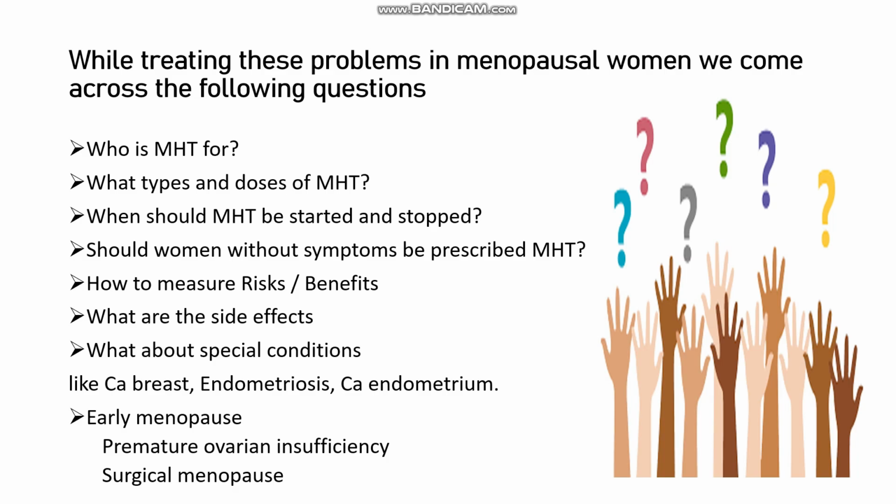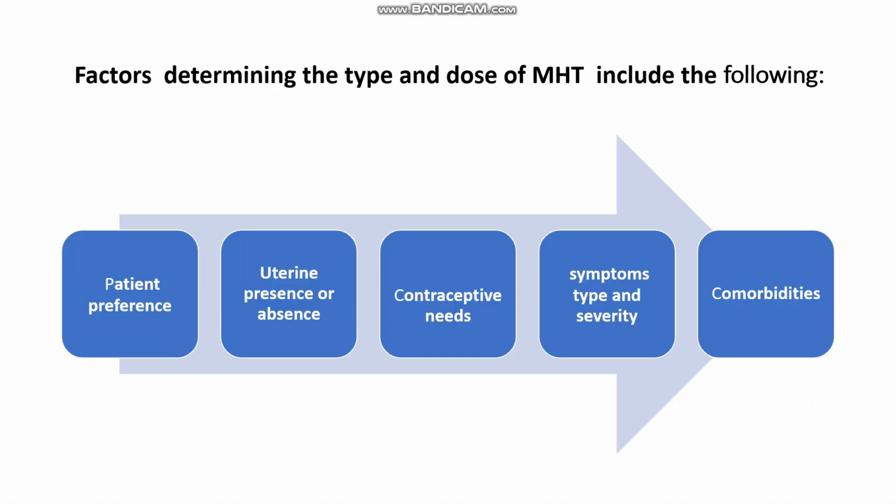When should MHT be started and stopped? Should a woman without symptoms be prescribed MHT? How to measure the risks and benefits? What are the side effects? What about special conditions like carcinoma breast, endometriosis, carcinoma endometrium? And what about early menopause like premature ovarian insufficiency or surgical menopause?